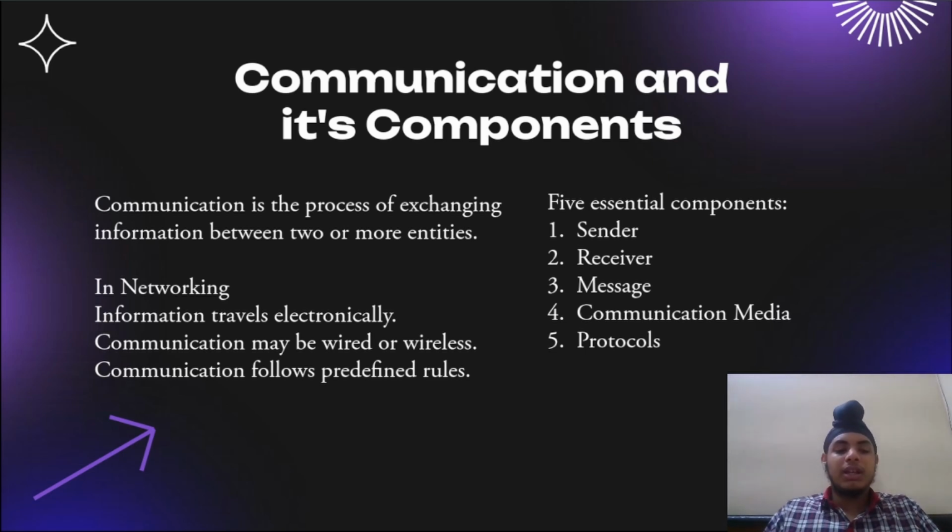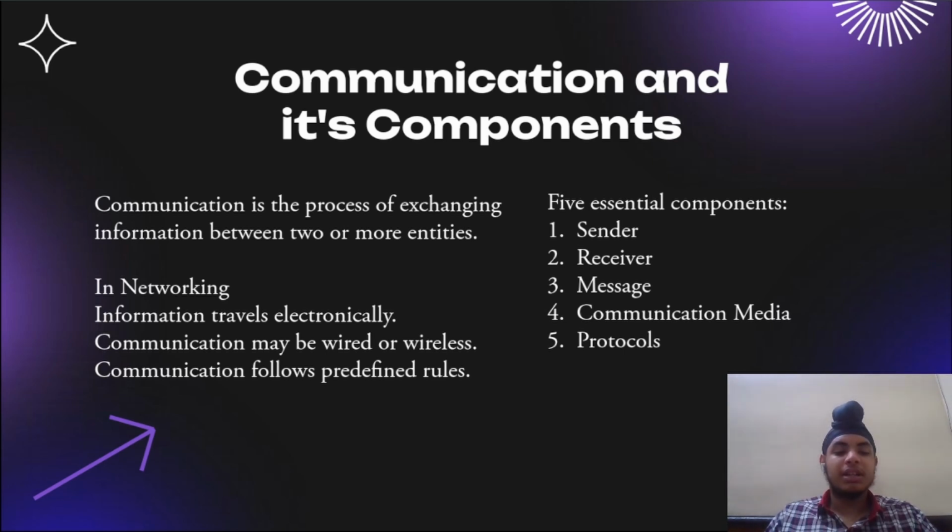In networking, information travels electronically. Communication may be wired or wireless. Communication follows predefined rules, that is, protocols. There are a total of 5 essential components of communication: sender, receiver, message, communication media, and protocols.